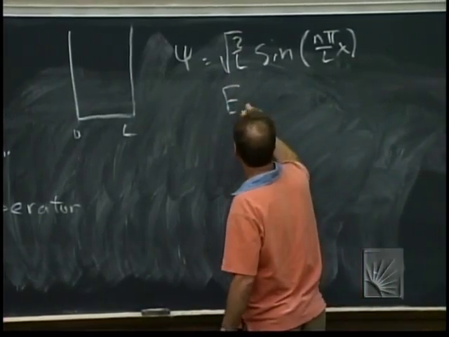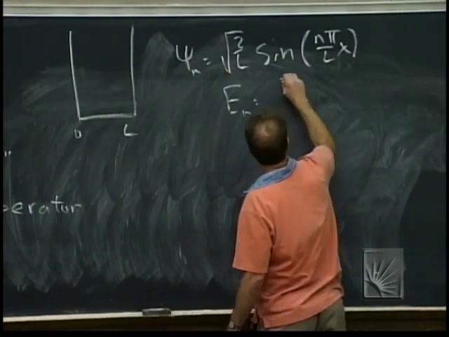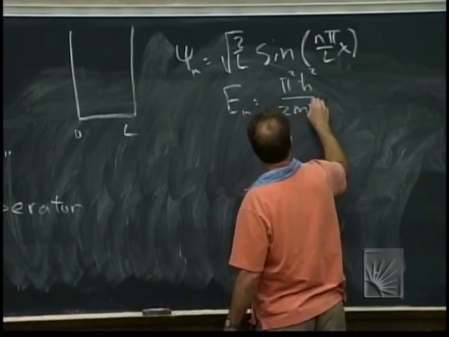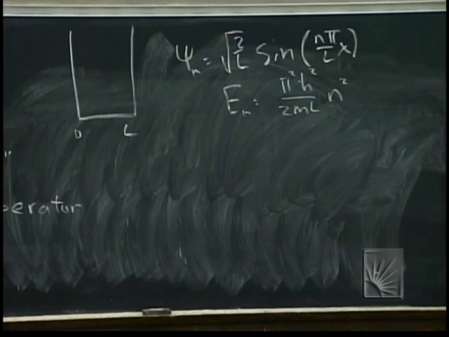And the energy E sub n, I should put a sub n there, is pi squared h bar squared over 2mL squared times n squared, right? So that's what I had.